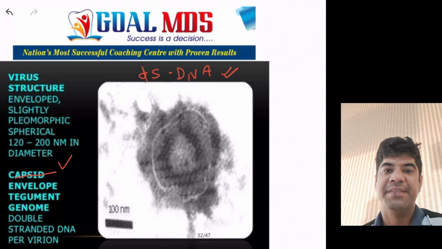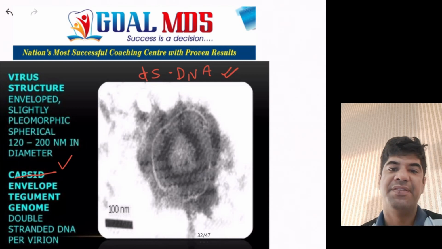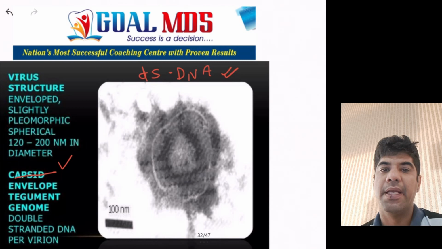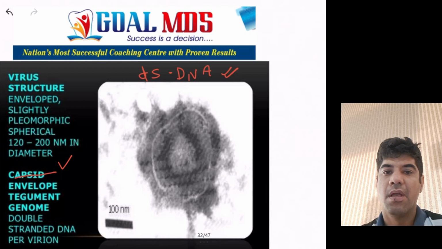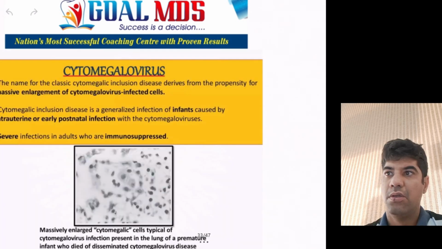The capsid is just a protein coat that surrounds and protects the genetic material of the virus. Remember, its capsid is spheroidal in shape.